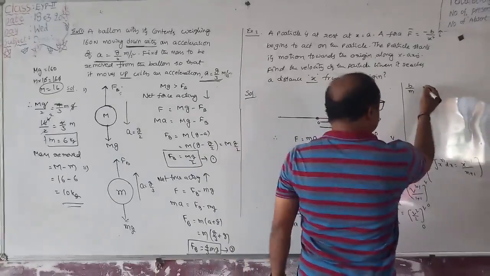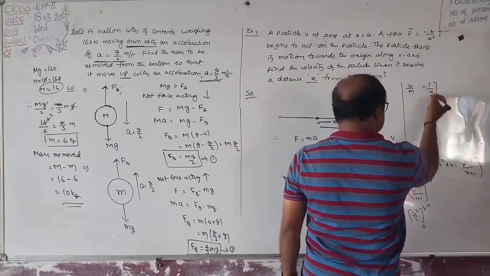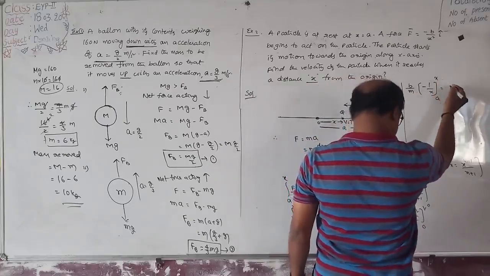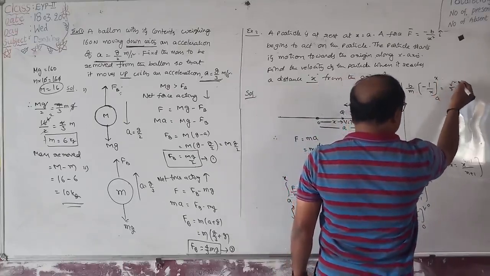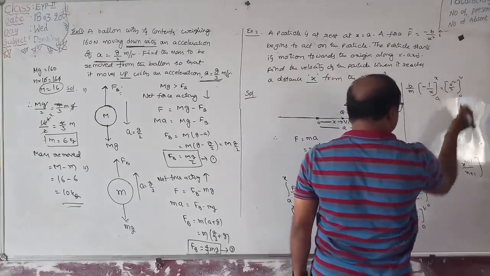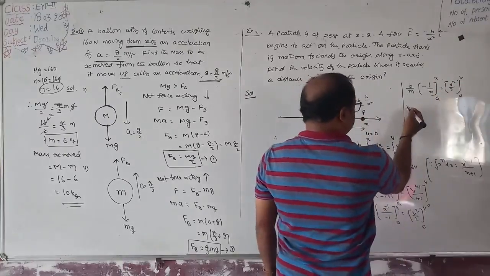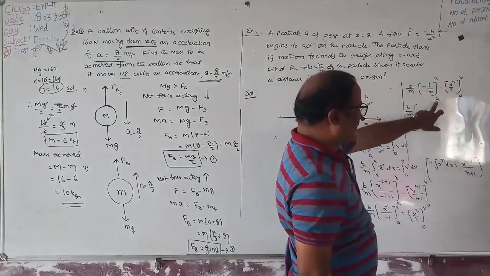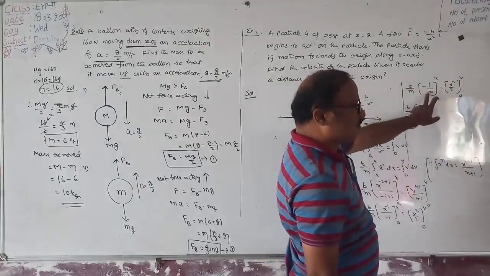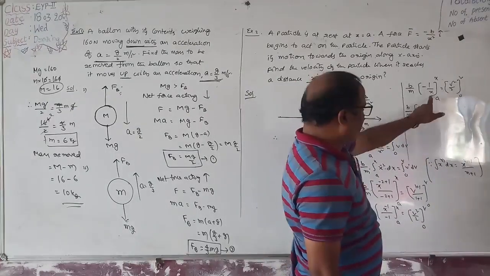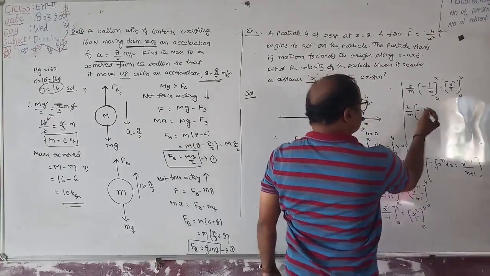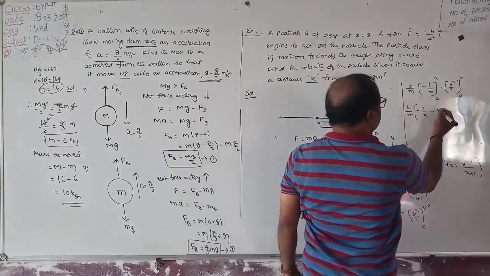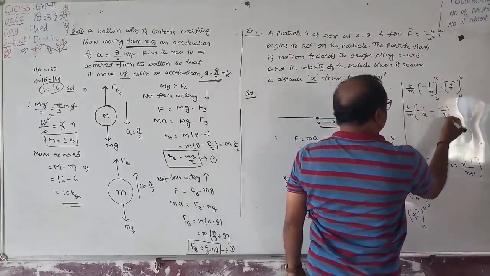Minus 1 by x, a to x is equal to v square by 2, 0 to v. Okay, so that is b by m into, here x is the upper limit and a is the lower limit. In this variable we will apply upper limit minus lower limit, means minus 1 by x minus of lower limit minus 1 by a.